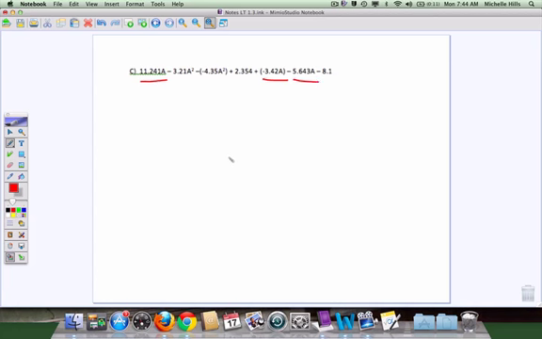The last one, I've got an a term and 2 more a terms. So I'm going to underline all of those with the same underline. And then an a squared and another a squared, and a constant and a constant. Of those, a squareds would go before a's, would go before constants. So when I take negative 3.21 minus a negative 4.35, I get a positive 1.14. Don't forget your a squared.